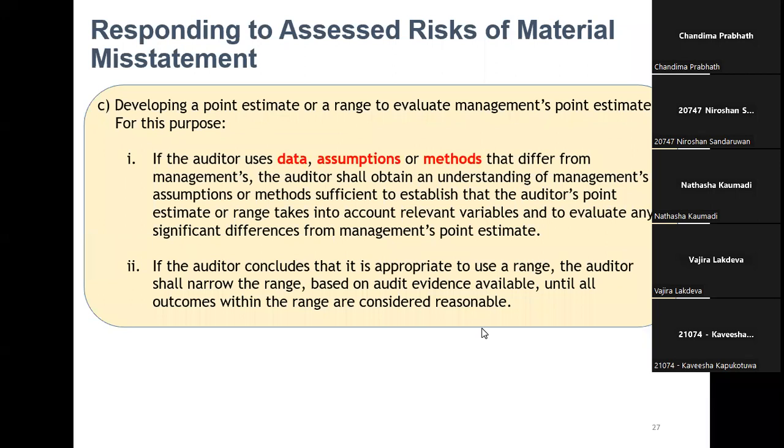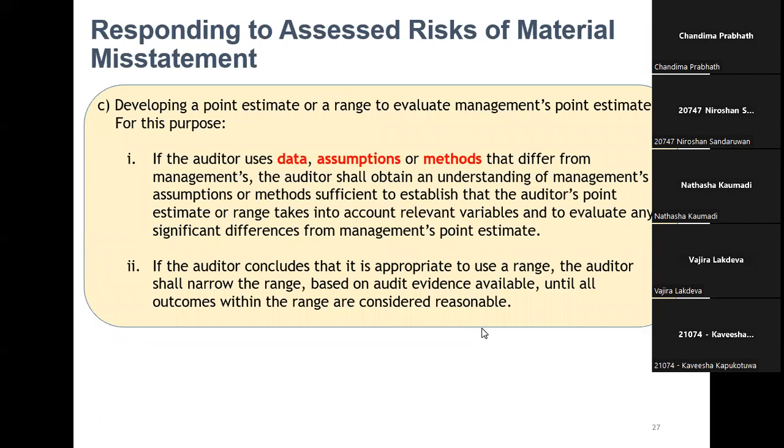But by looking at the overall picture, you would say that the amount is not right or not in the acceptable range. If somebody asks, if this is not correct, what is the correct one? You can easily say if something is wrong, but it's very difficult to say what is considered to be correct, right? So, developing a point estimate or a range.